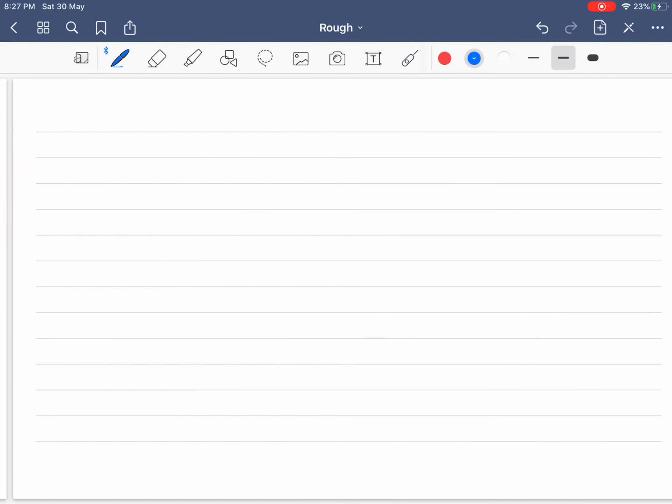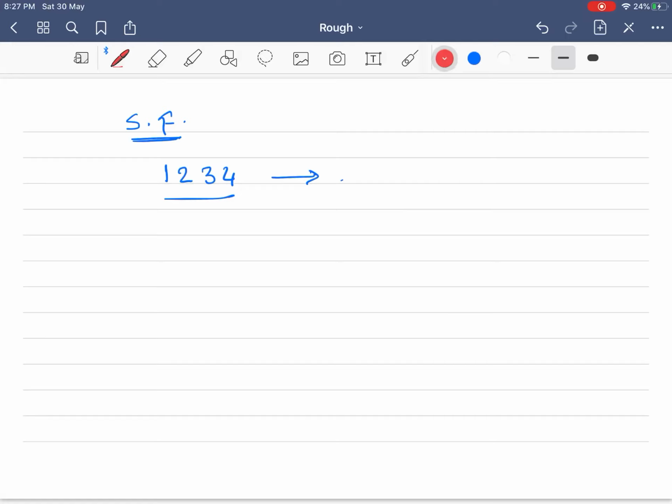Let us do more examples of significant figures. Suppose 1, 2, 3, 4. How many significant figures are there? 1, 2, 3, 4. 4 significant numbers are there. Suppose I am writing 0.00632. How many significant numbers are there?